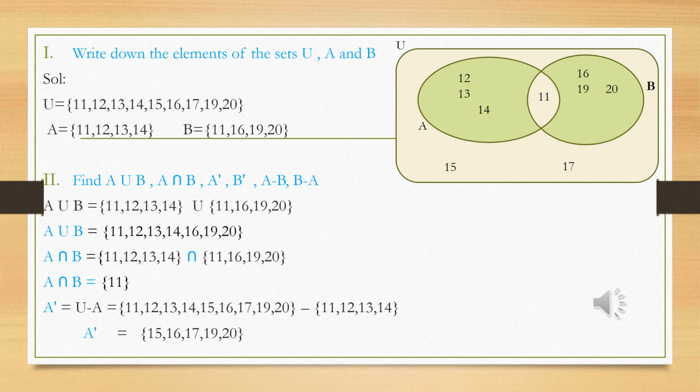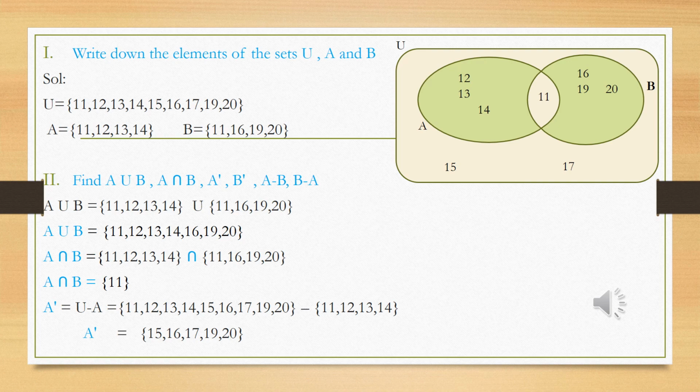Now, elements of the universal set will be all elements in the rectangle, that are 11, 12, 13, 14, 15, 16, 17, 19 and 20.